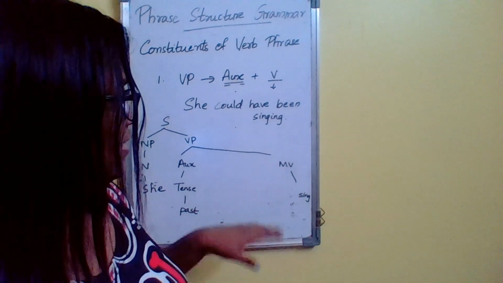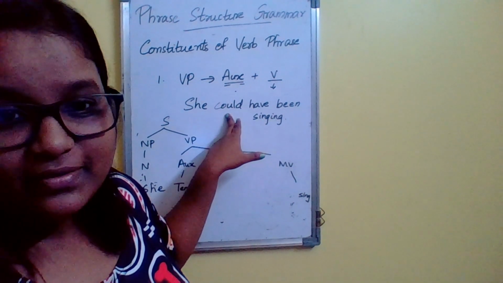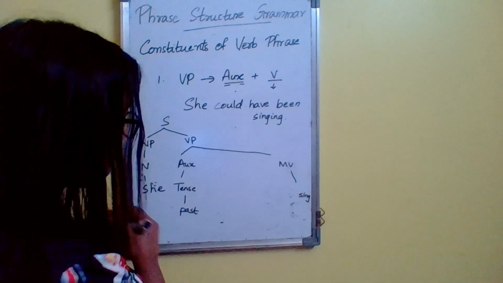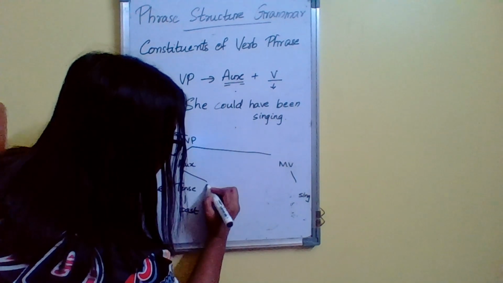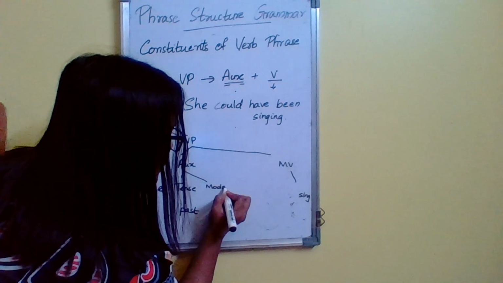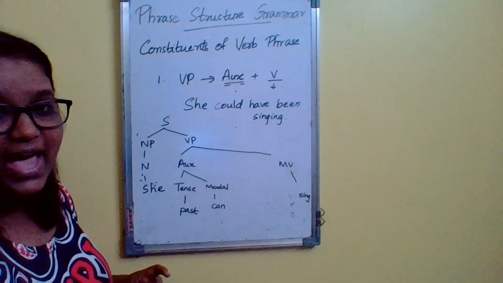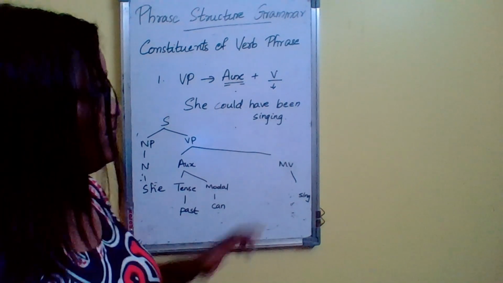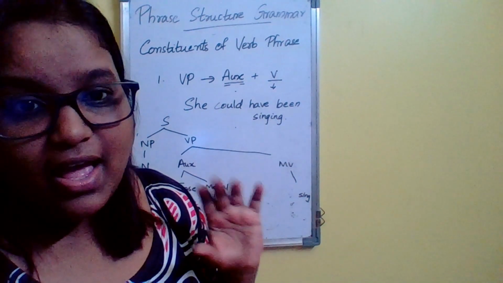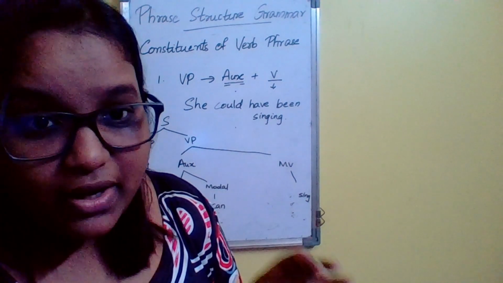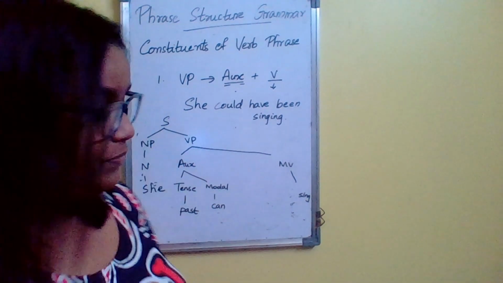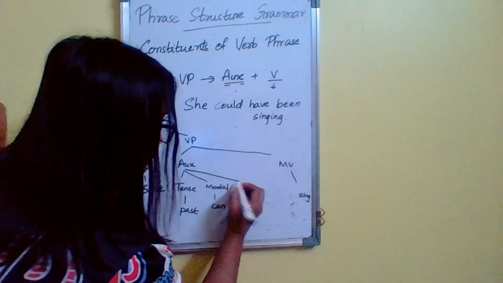Then we have to account for some things. There is a modal there, could. So we have to account for the modal, and we always have to write it in the first form, can. Then there is a have been there. Have been means there is a perfective element there. So let's do that.